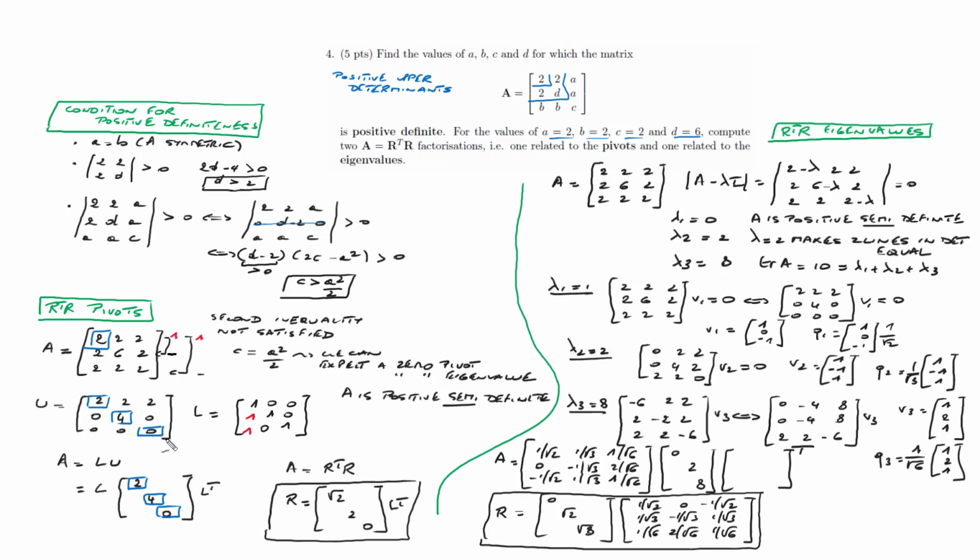But what you can then do is, since the matrix is symmetric, obtain an L D L transpose decomposition. Here you have the pivots. And now it's very easy to obtain our R transpose R factorization. You take simply R, where you take the square roots of the pivots on the diagonal, right?